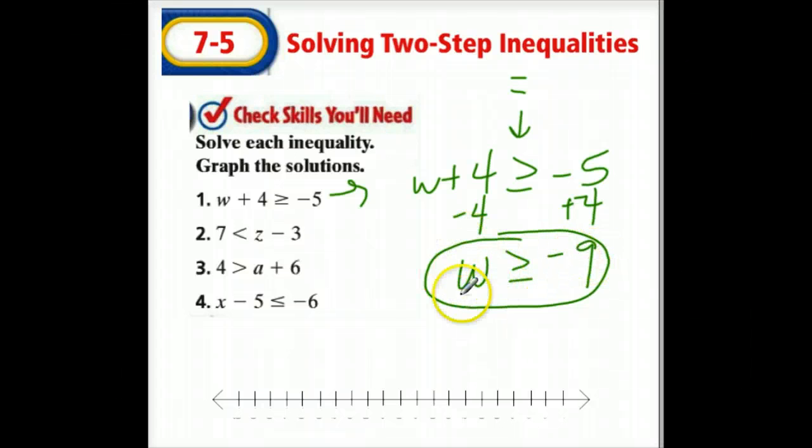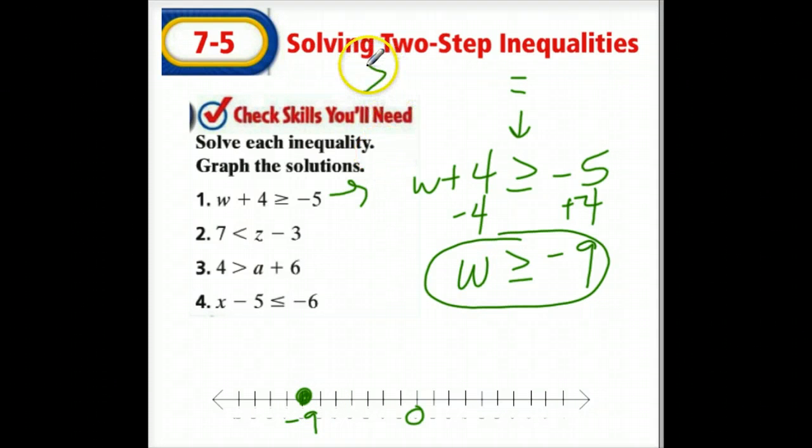W can be a lot of numbers, anything bigger than negative 9. So that's why we graph them to show all of those solutions. So on our graphs, remember we show 2 points, 0 usually, and negative 9 wherever it falls. Since this is a greater than or equal to symbol, remember that we fill in the circle.